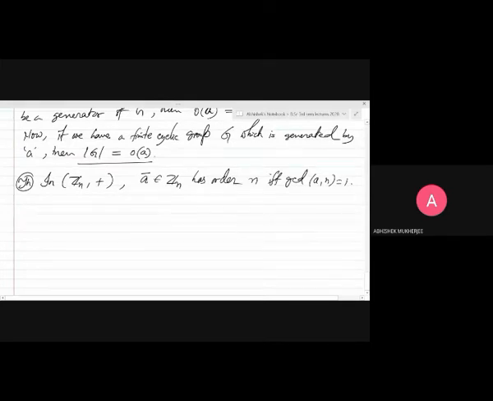And if it can be proved, then you can say that any a having this property will be a generator.